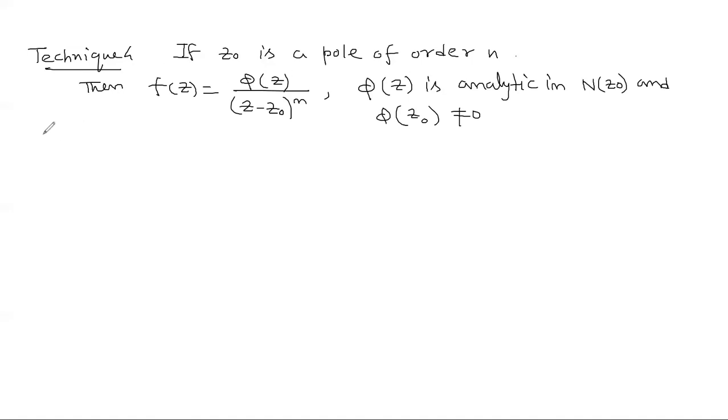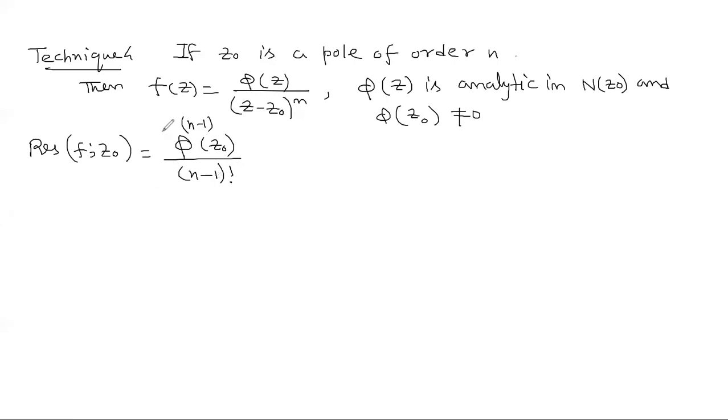Now if so, then the residue of the function f at the point z0 is given by phi^(n-1)(z0) by (n - 1) factorial. That means the (n-1)th order derivative of phi evaluated at the point z0 divided by (n - 1) factorial.